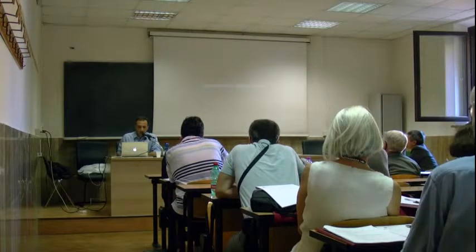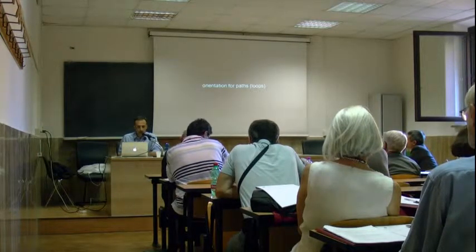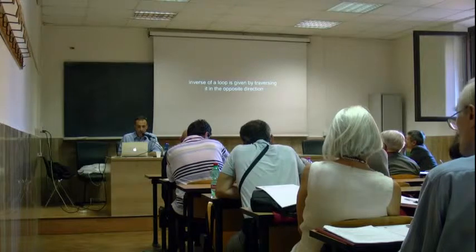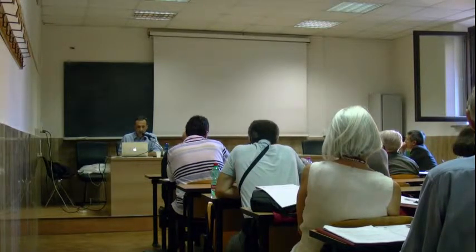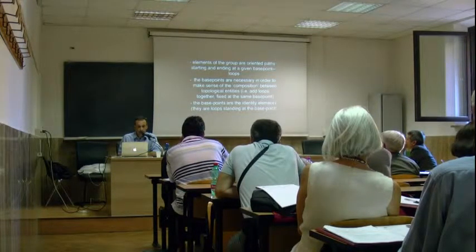So we have to introduce orientation for paths, for the loops. The inverse of a loop is given by traversing it in the opposite direction. So summing up, the elements of the group are oriented paths starting and ending at a given base point.